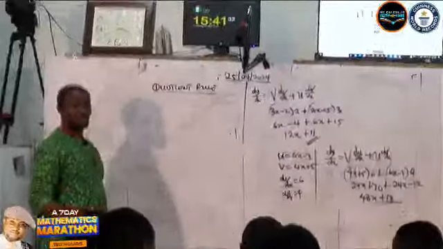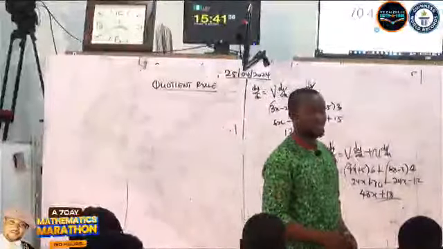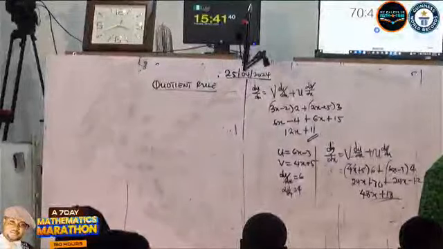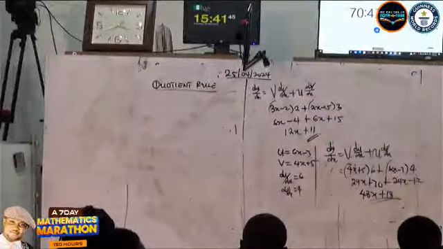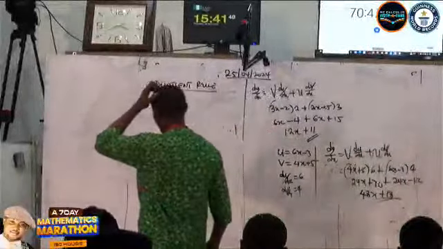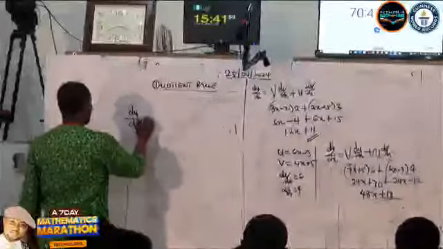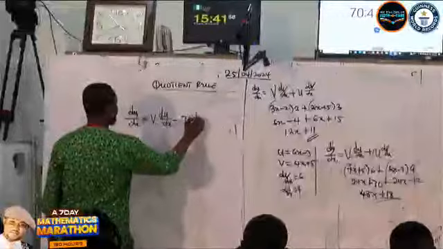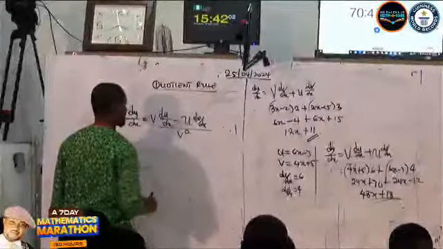The word quotient means division. Quotient means what? Division. So that will be dy over dx equals V du over dx minus U dv over dx, all over V squared.